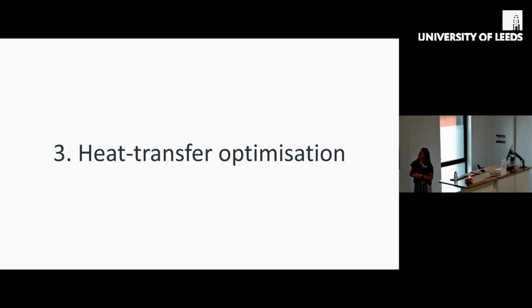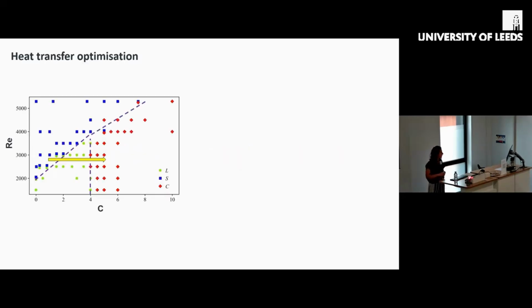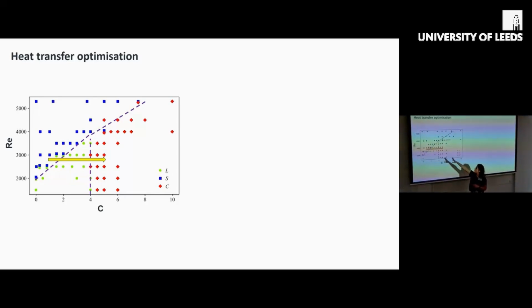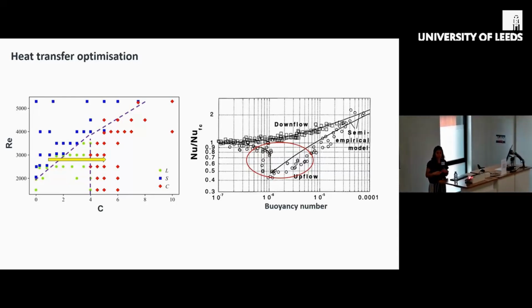Okay, so in the last part of my talk, I want to talk a little bit about heat transfer optimization. We've seen that as we increase buoyancy, we have these different flow states: shear turbulence, laminar, and convective-driven state, and correspondingly, the heat transfer can change a lot.